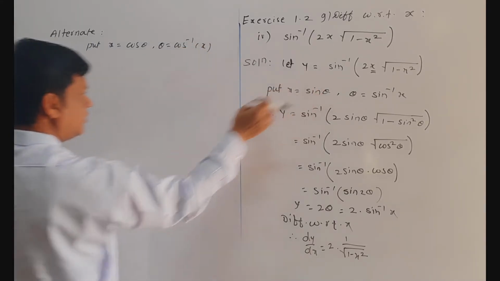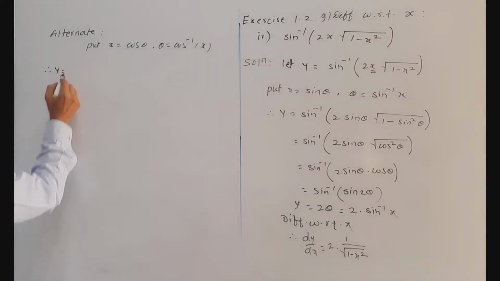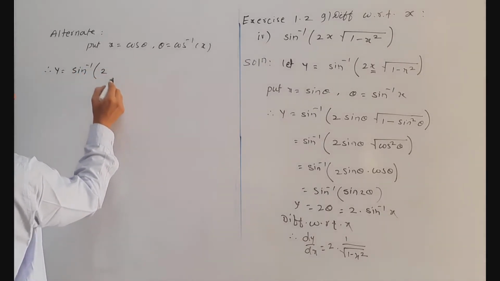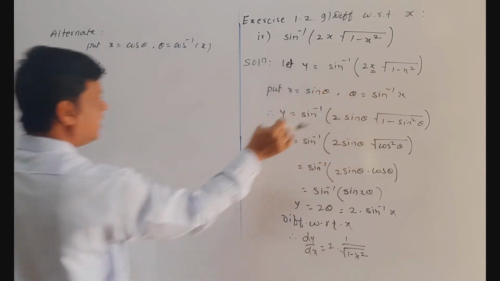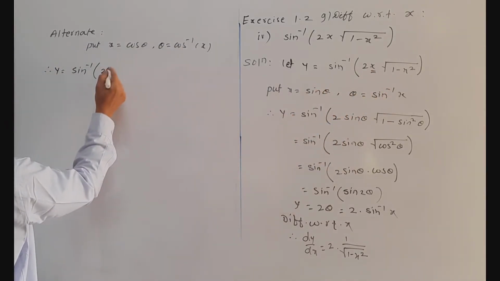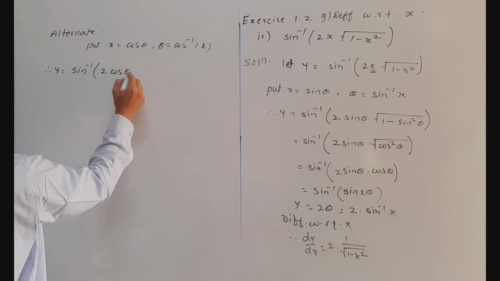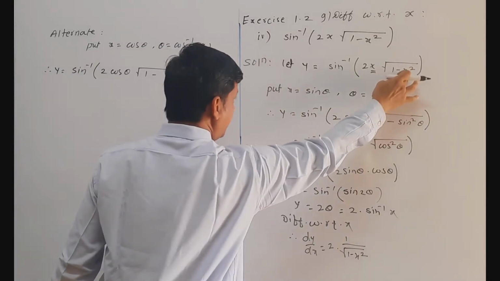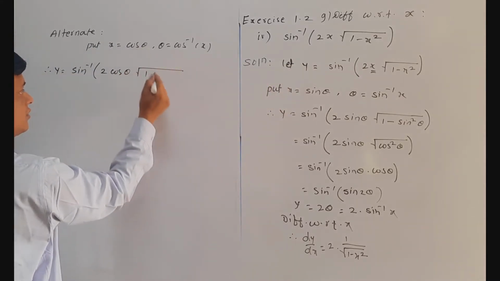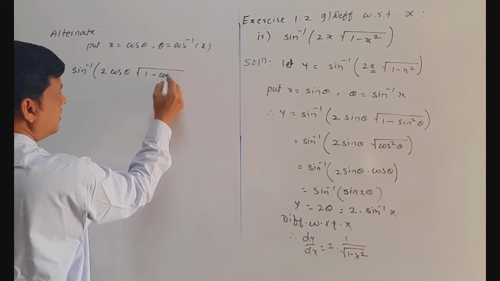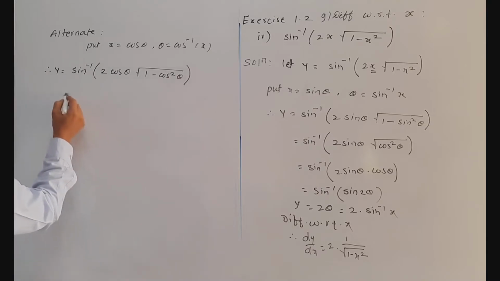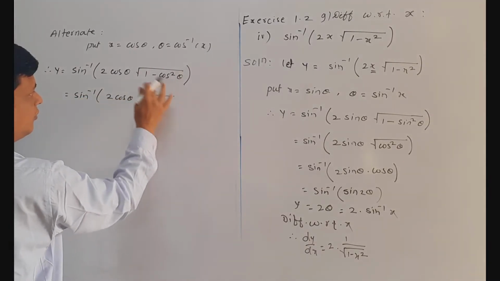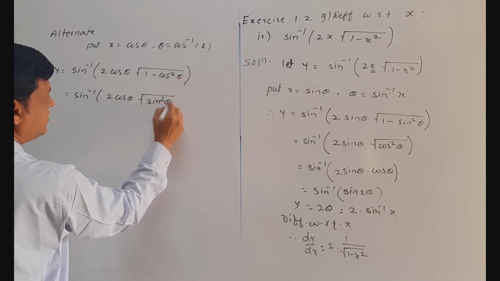So we substitute here. Therefore y is equals to sin inverse of 2 into, we replace this x by cos theta instead of sin theta, so we write 2 cos theta in root 1 minus cos square theta. So we write this as sin inverse of 2 cos theta in root 1 minus cos square theta, which is sin square theta.